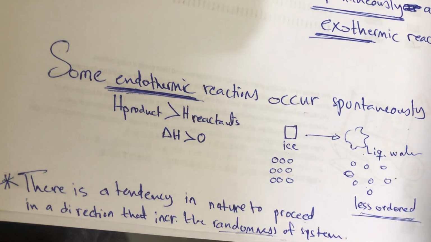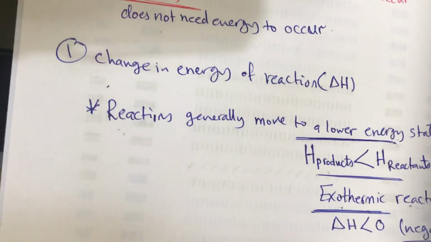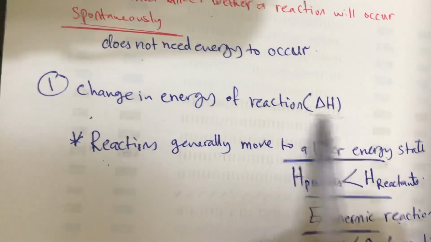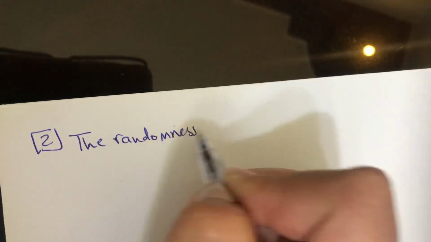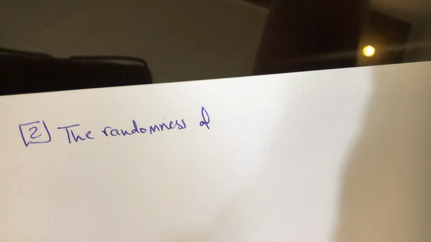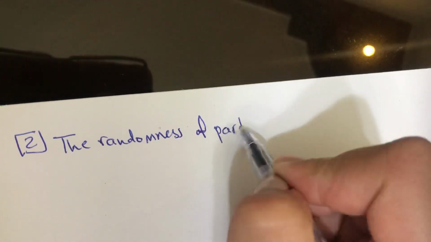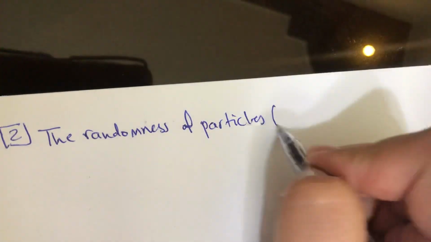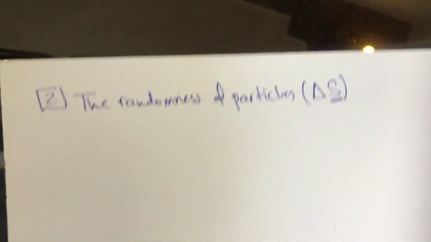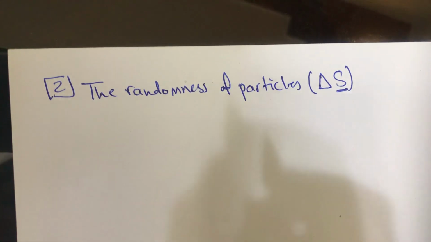So the first factor is change in energy; it moves to a lower one. And the second factor is the randomness of particles or of the system. The symbol is delta S, which means entropy.